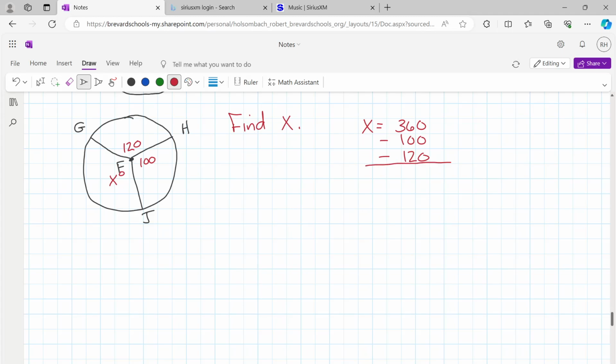And that's 360 minus 220, 140 degrees. So this third angle is 140 degrees.